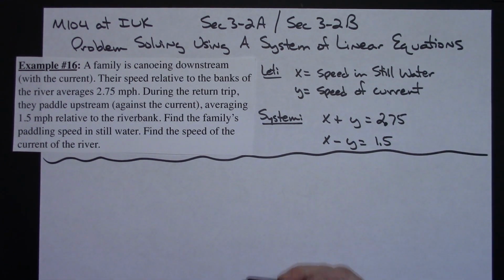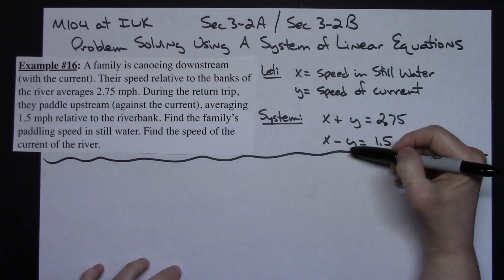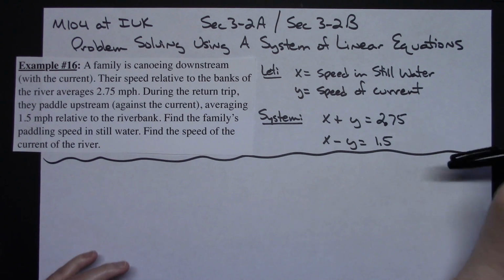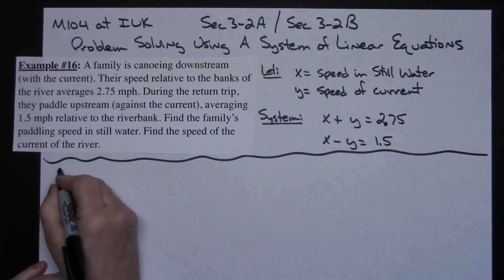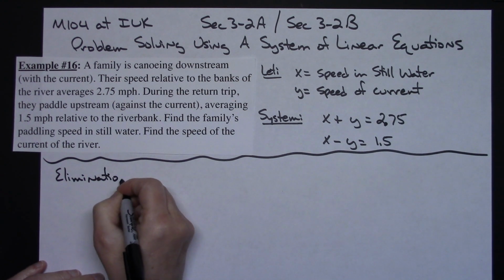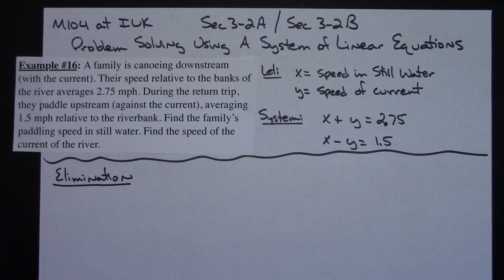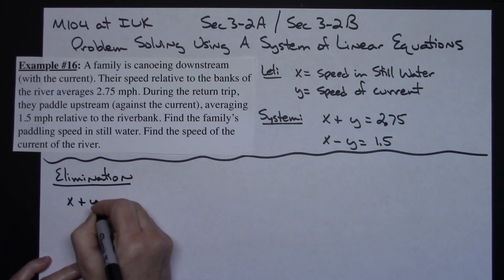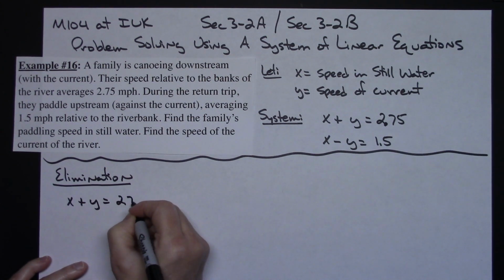And again, I normally do substitution. However, with those y's having opposite signs right there, it makes elimination really nice. So we're going to choose to do elimination. Which basically means I'm going to add those two equations together. So I've got x plus y is equal to 2.75.